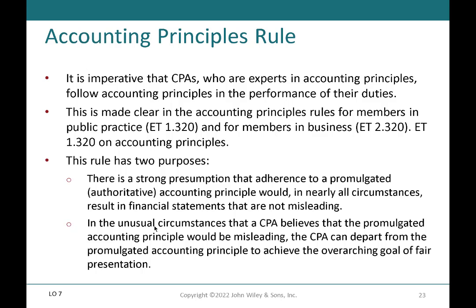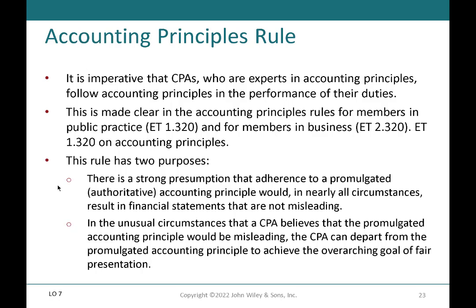Typically, audits in the U.S. are going to follow generally accepted accounting principles. The reason we use those is because FASB has put a lot of work into creating those principles. Our accounting standards are designed to produce financial statements that give us good, usable information. So there's a strong presumption that these principles should be followed.